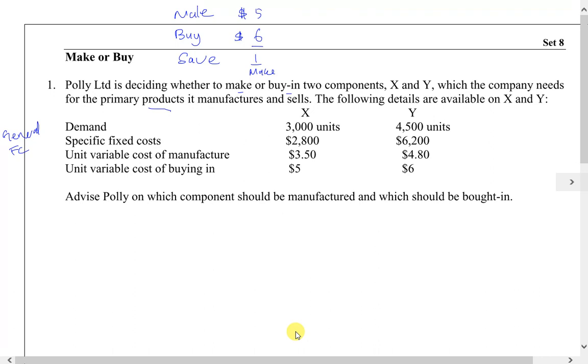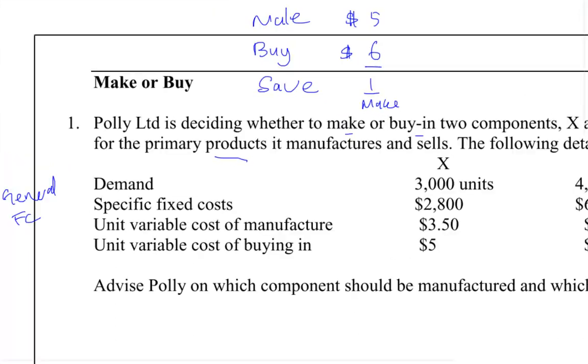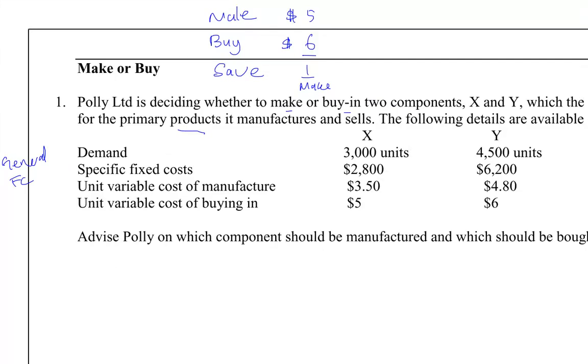Understand? Just like now we look at general overhead. Normally general overhead means my rental. If I produce, I still have to pay my rental. If I don't produce, I pay my rental. This is general overhead. Specific overhead means specifically to this product. If I make, I will incur this overhead. If I do not make, I won't incur.